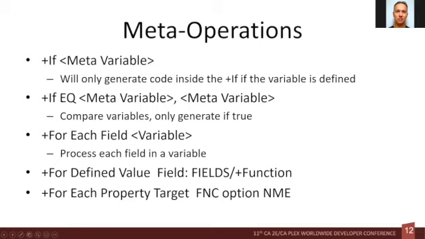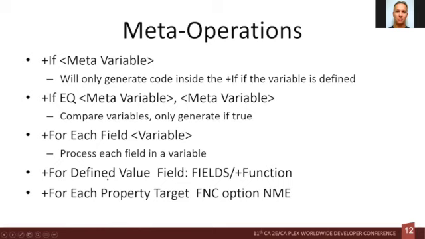And these conditions can be greater than, less than, all the other comparisons there. Another one, plus for each field, just a loop that goes through each field in a variable, and then you can do whatever you want with those fields, and I'll show you a practical example for that coming up.